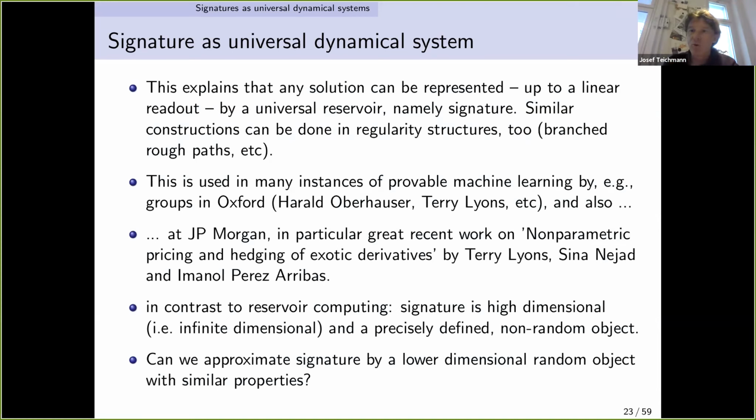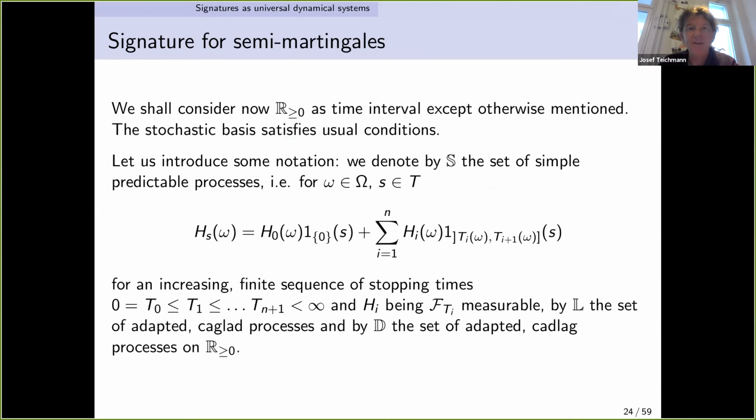Now I come to the second part of the second section. And this is actually doing the same analysis which we did for smooth paths, now for semi-martingales. This is important because semi-martingales, as you all know, are the roof concept between continuous trajectory stochastic processes and discrete time stochastic processes. So this is a concept which unifies both.